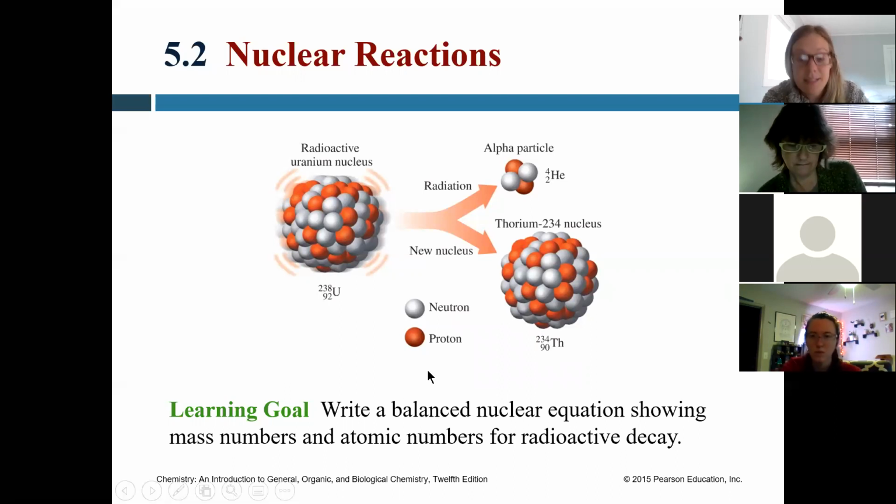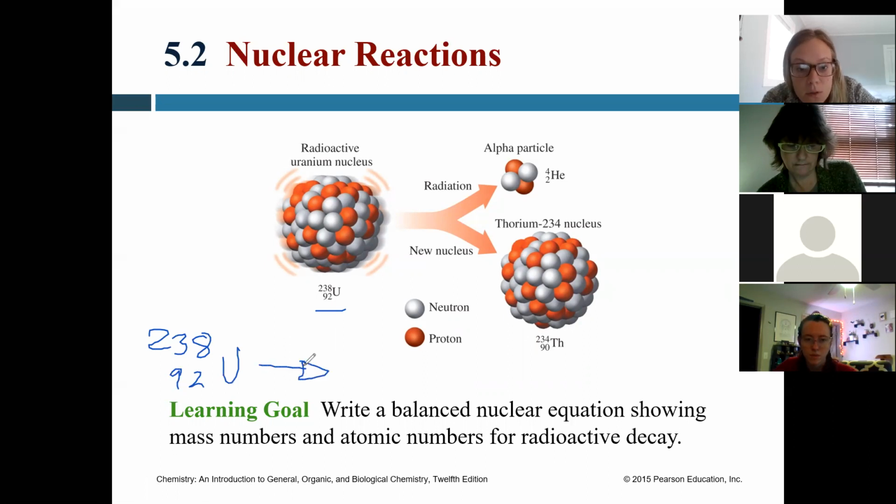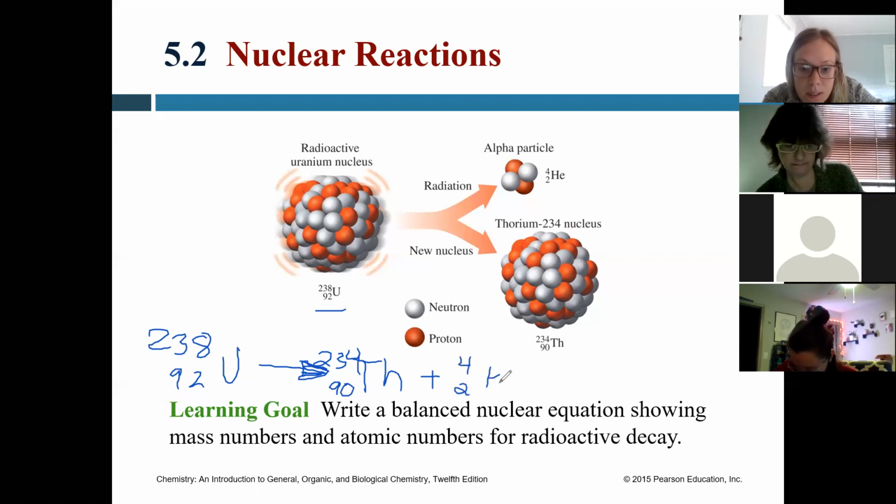One way that I could write this out, obviously I wouldn't have you guys drawing those elaborate pictures every time, but we would write our symbol. So we're starting with the 238, 92 uranium. We're going to decay into the thorium, 234, 90, plus the alpha particle, 4, 2, helium.